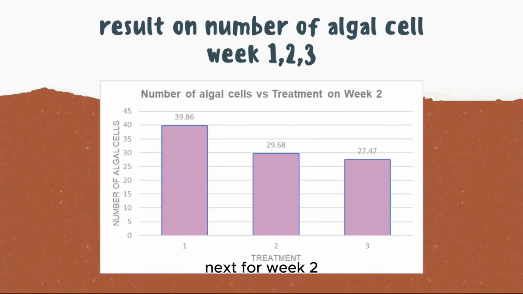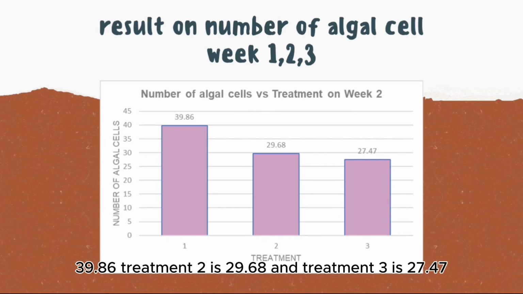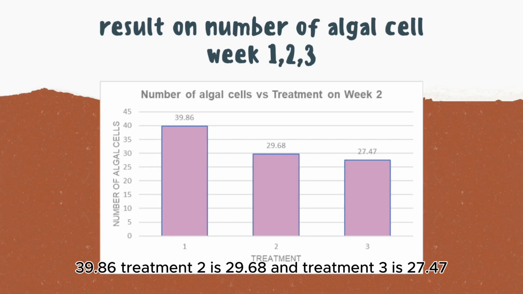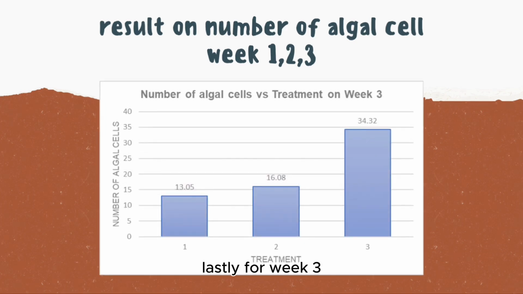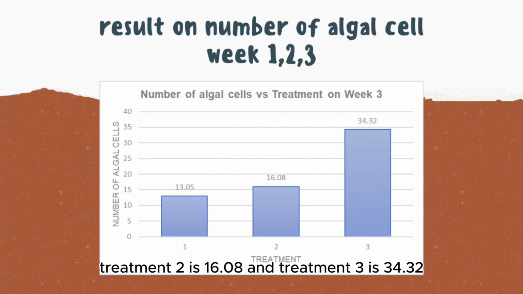Next, for week 2, the average number of algae cells for treatment 1 is 39.86, treatment 2 is 29.68, and treatment 3 is 27.47. Lastly, for week 3, the average number of algae cells for treatment 1 is 13.05, treatment 2 is 16.08, and treatment 3 is 34.32.